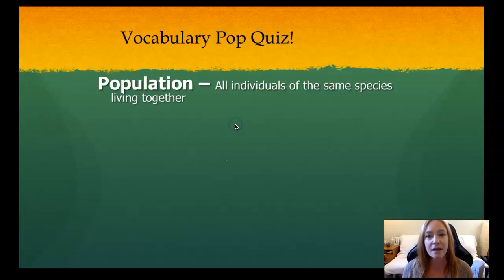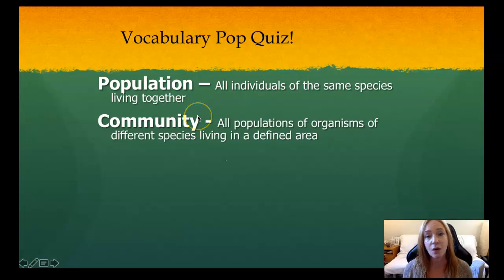Really quickly, if we were in live class, I would make you figure these out on your own, but here is some vocabulary. If you didn't get these on your vocabulary sheet assignment, you should make sure you have them. A population is all individuals of the same species living together in one area.